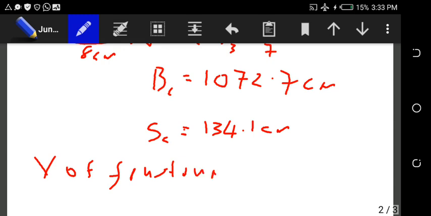is given by the volume of BC, that's the bigger cone, minus the volume of the smaller cone, that's SC.